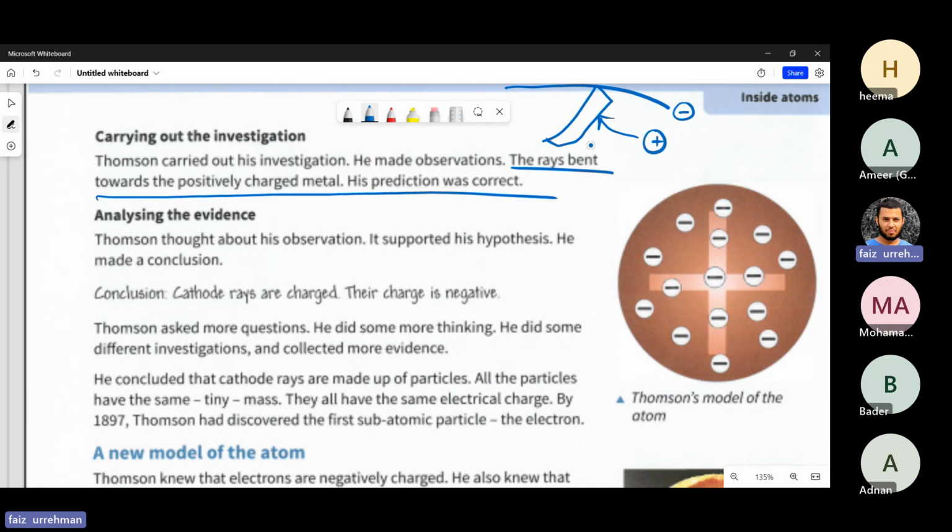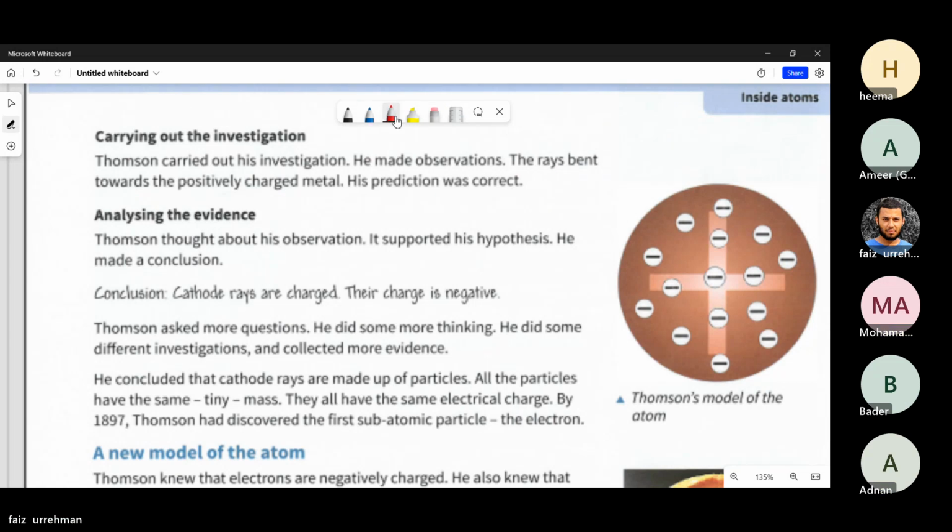That's why they were attracting the cathode rays. So now what did we analyze? What are our conclusions? The conclusion is cathode rays are negatively charged. This is our final answer. And the other one is positively charged.